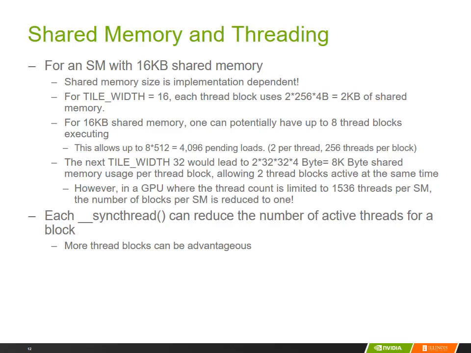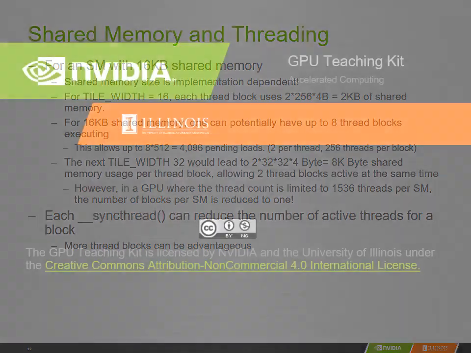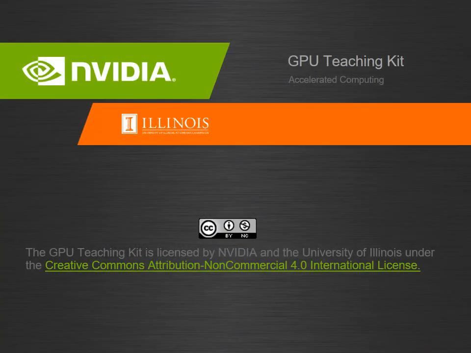Some of the thread blocks will be waiting at the barrier synchronization point, while others may be loading their input operands and performing computation. So this gives us a very good example of how the interaction of resource constraints may limit the tile size of our tiled algorithms. Lecture 4.4. Thank you.